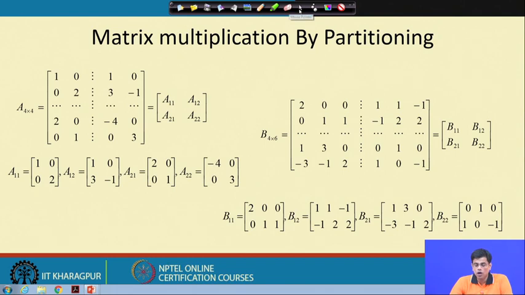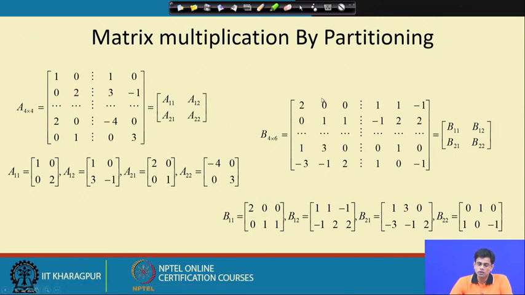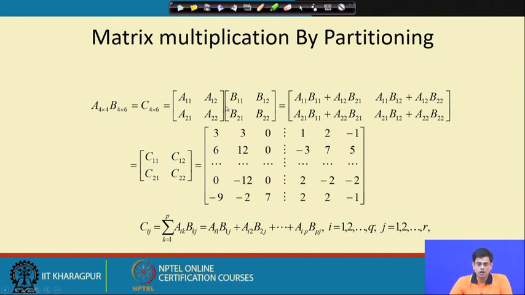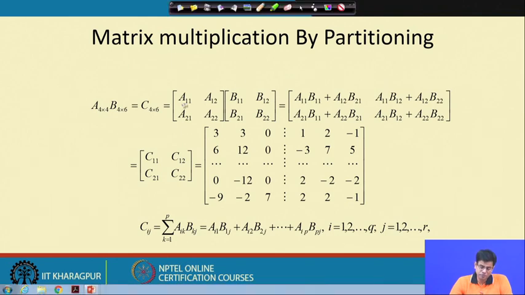Now, if we want to multiply these two matrices A and B, which are a 4 cross 4 and a 4 cross 6 matrix, we could use the partitioning algorithm or matrix partitioning method to do the multiplication efficiently. For instance, since A is a 4 cross 4 matrix and B is a 4 cross 6 matrix, its multiplication will result in a 4 cross 6 matrix.